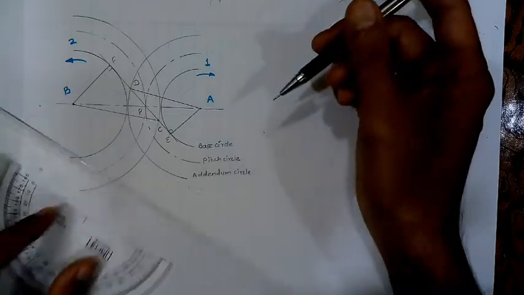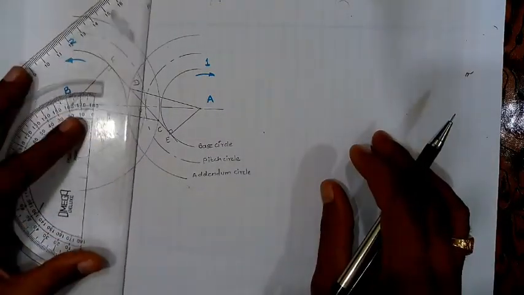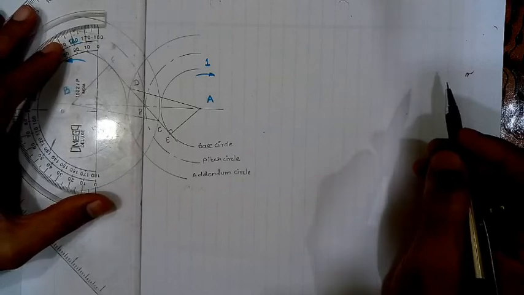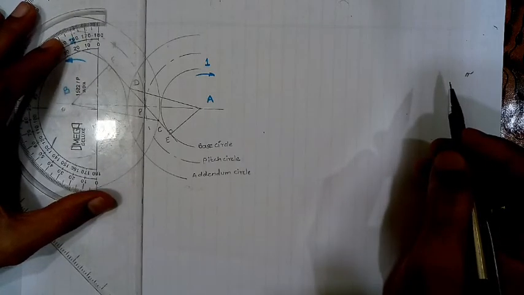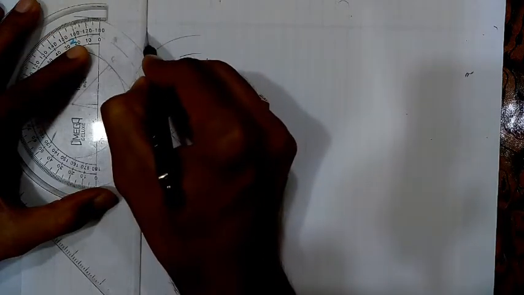Now I am going to draw a common tangent from the pitch point to both the pitch circles like this.